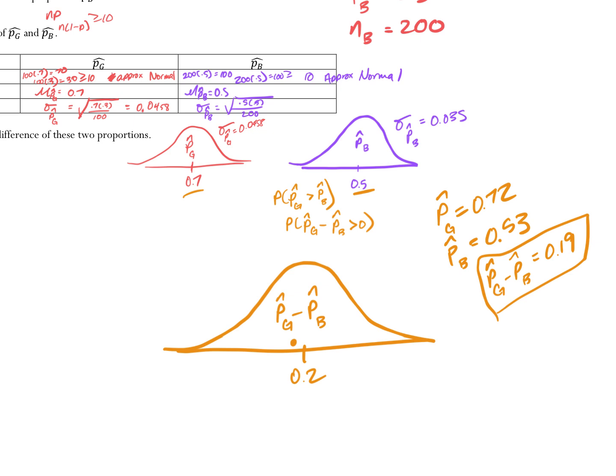To find the standard deviation of the distribution of differences, I would take the 0.0458 squared plus the 0.035 squared, and then take the square root of that.